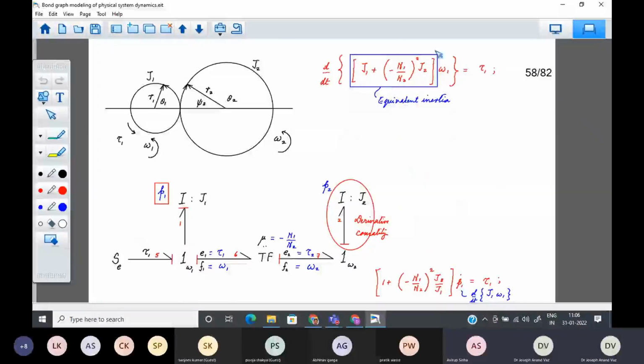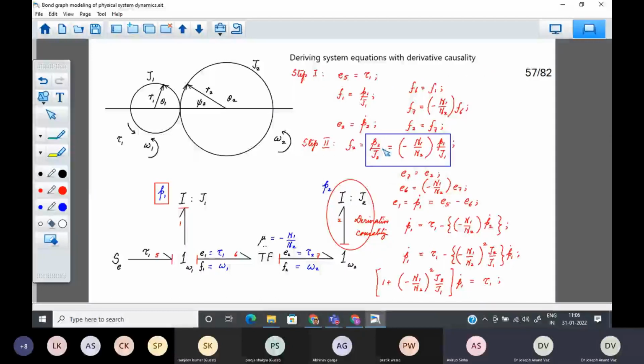But there is this additional term which is coming in, and that additional term is because of the derivative causality. It is because the momentum of this gear has become dependent on the momentum of this pinion. So it's an algebraic relation, so one can be written in terms of the other. So this angular momentum can be written in terms of angular momentum of this gear.